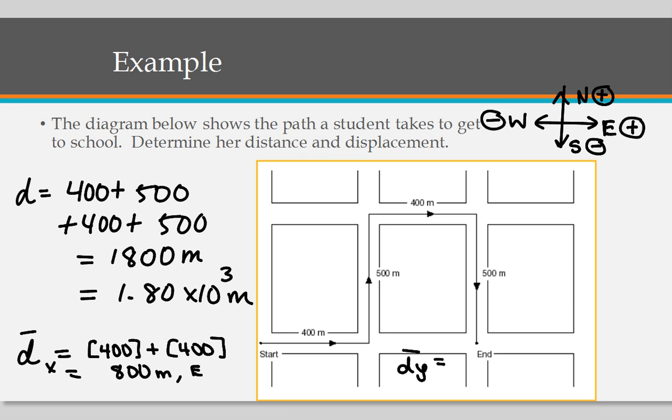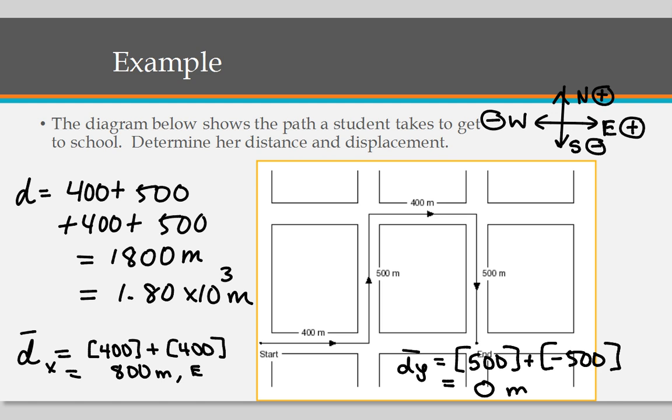So when I went to add them up, I added two positives, and I end up with positive. Now here I'm going to be adding 500 north, and then 500 south. So I end up with a displacement of 0 meters in the y direction. So my displacement is 800 meters east. That's your final answer.